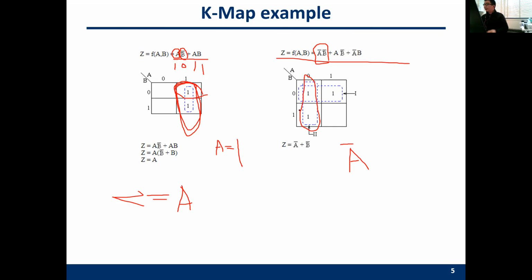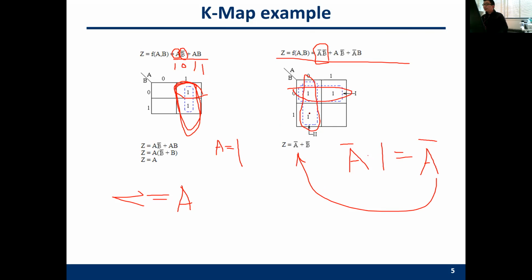Remember, we have this law before: B bar plus B is a 1, okay? So I can add 1 here, and this guy is actually this guy. So this so-called vertical circle is A bar.